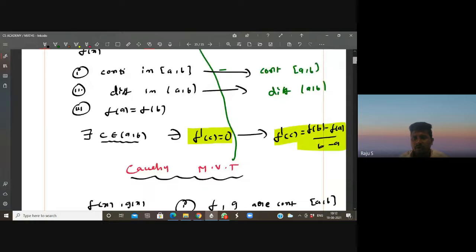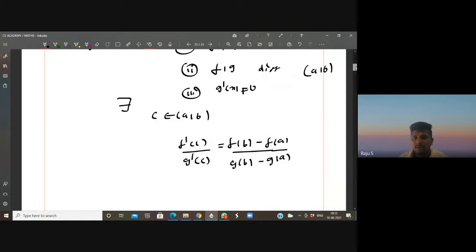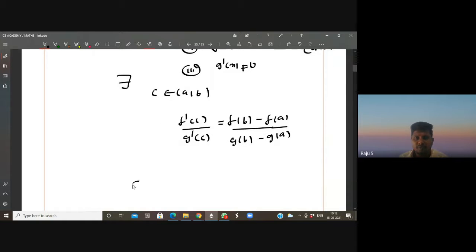Okay, this is about it. So when I take g of x as x, this Cauchy's mean value theorem becomes Lagrange's mean value theorem. See here, what is g dash of x? 1, which implies g dash of c is 1. G dash of x is 1, so g of b is b.